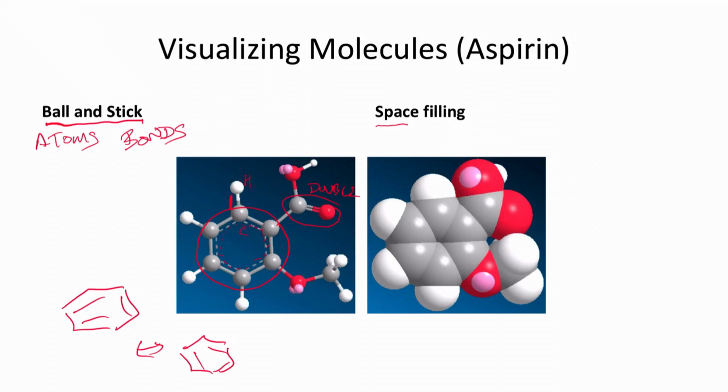On the right side is something called the space-filling model. And so this is meant to give you a slightly more accurate chemical version because all of the sizes here correspond to atomic radii, also known as van der Waals radii.